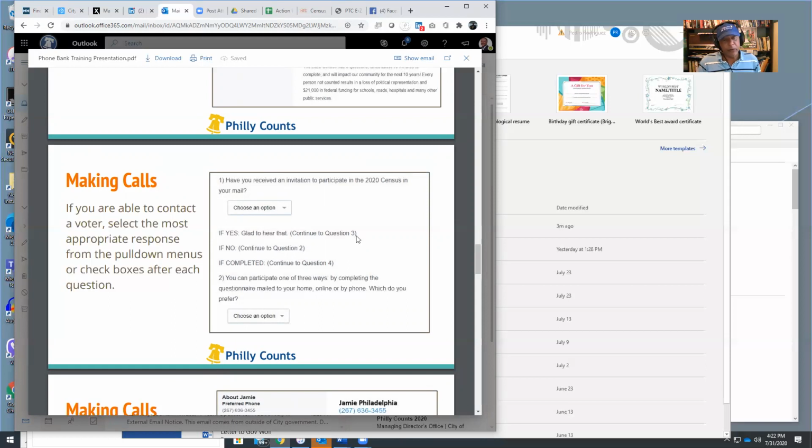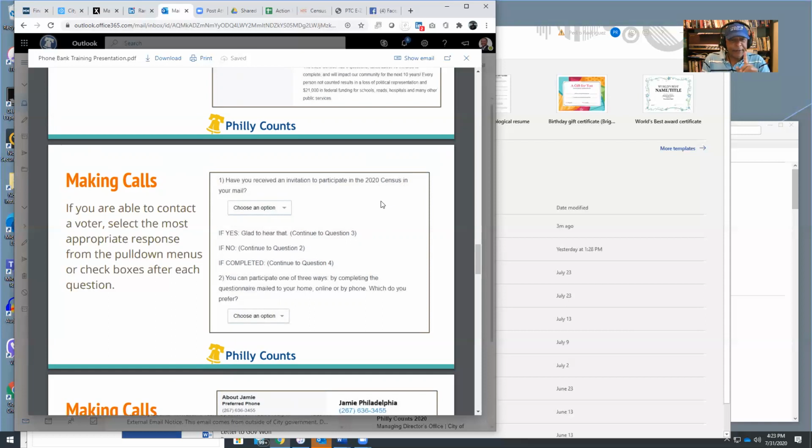The phone number and website are on the script. The website is really easy: www.2020census.gov. And the phone number is there. So if Jamie says okay, I send it to her.